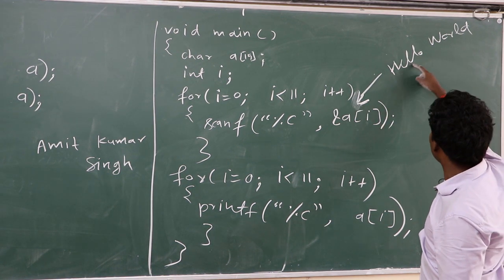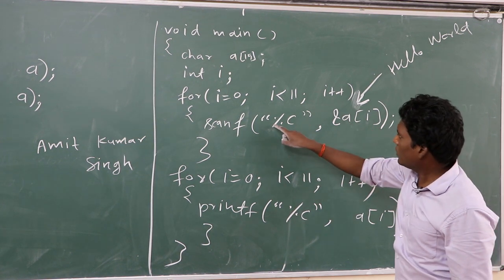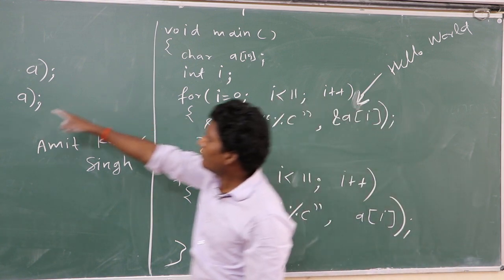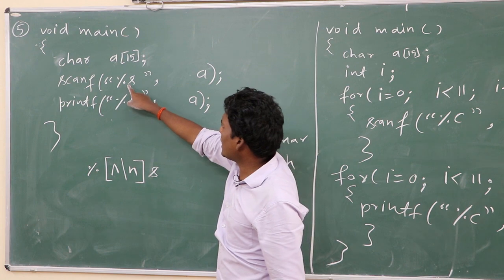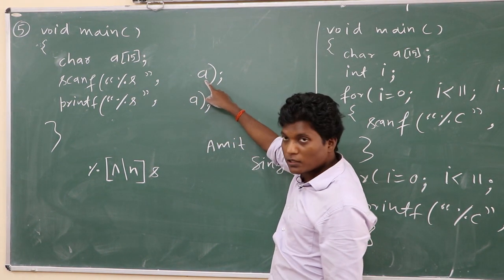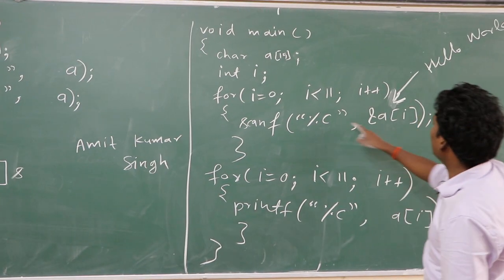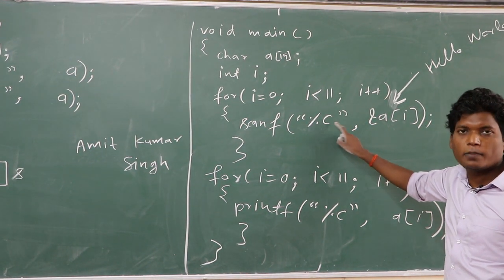In this way, character by character hello world will be inputted here using the %c format specifier, and here is a %s specifier. So here %s takes the string in just one go, and here %c takes the string character by character.